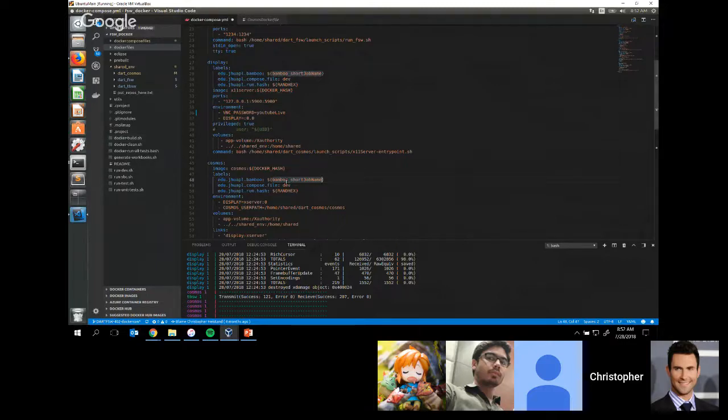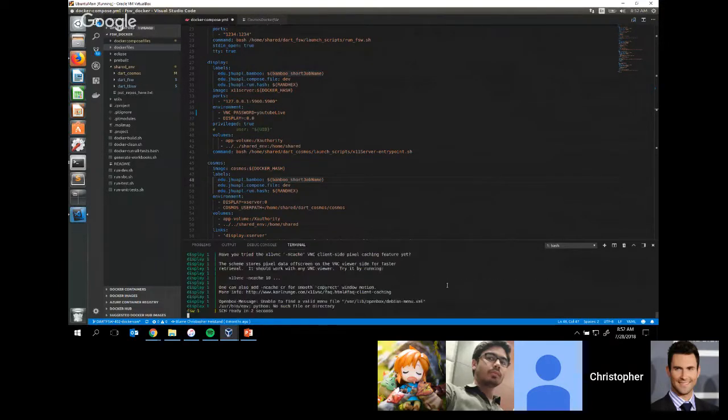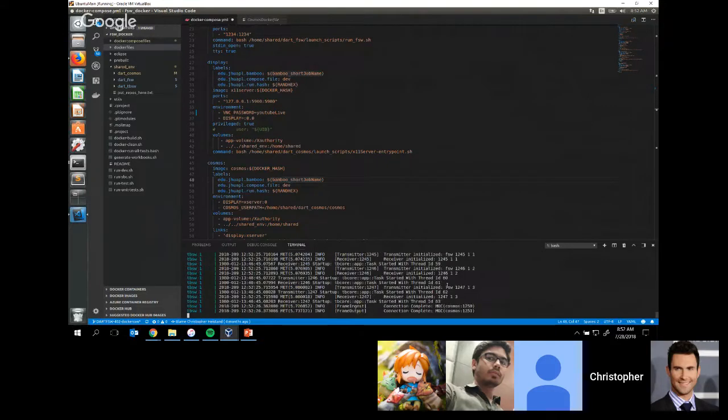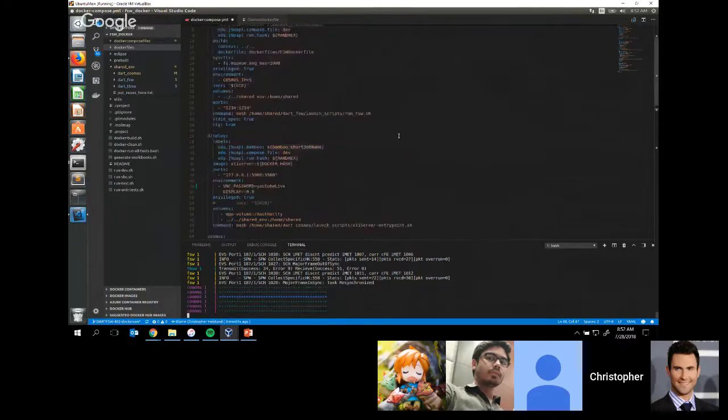You have run dev, which we showed. Our Docker build is our Docker Compose up dash build. This is our Docker Compose up for real with our YAML file.